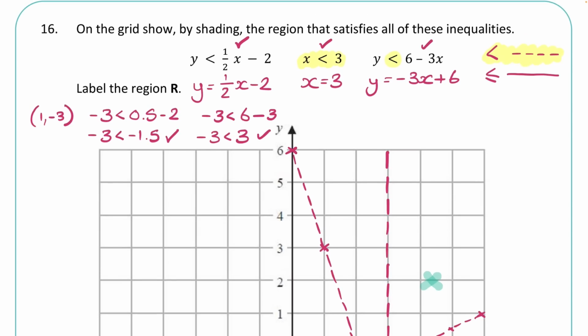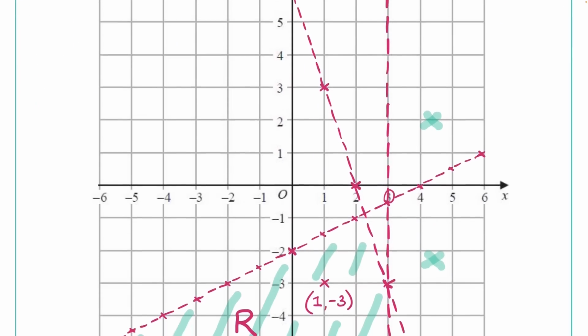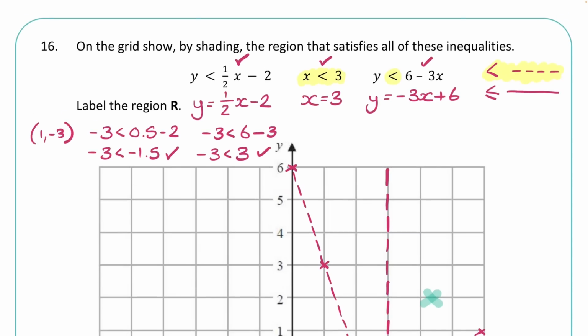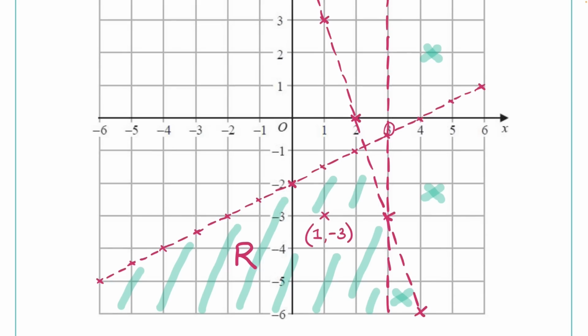Now, of course, by chance, I happen to get that region in the first pick. But if it doesn't fit or work, or the mathsy word is satisfy the inequalities, then you would just have to pick another region. And there's not many to pick here. Maybe by the time you pick the second one, you're going to get it. But try and think a little bit logically.